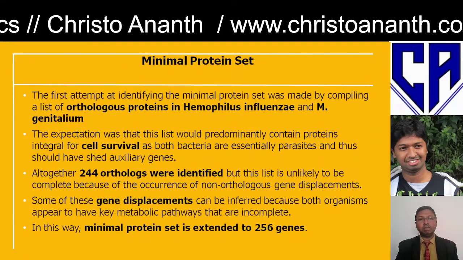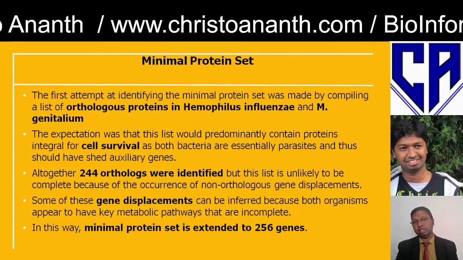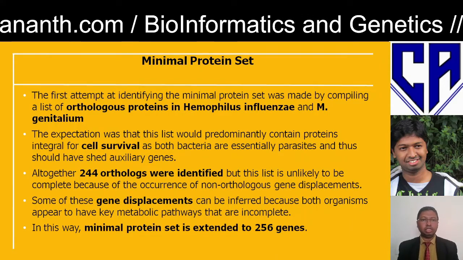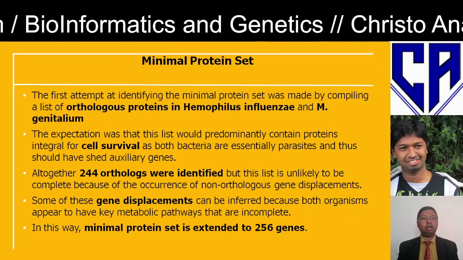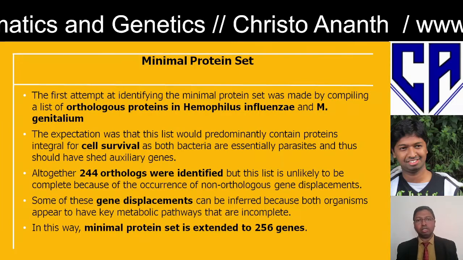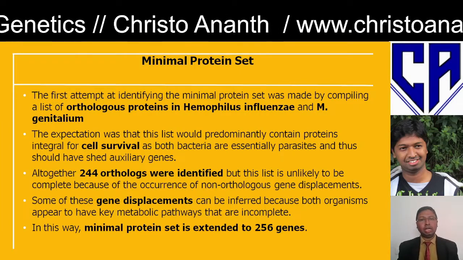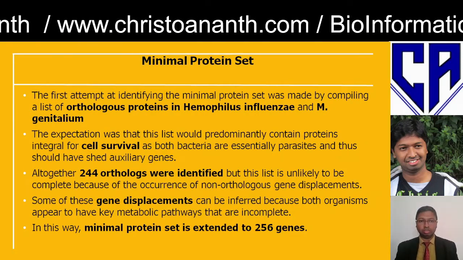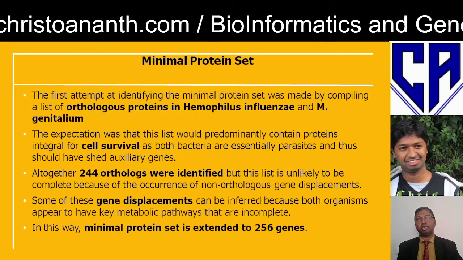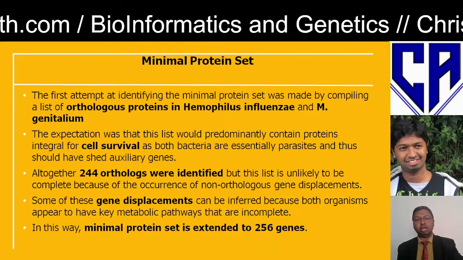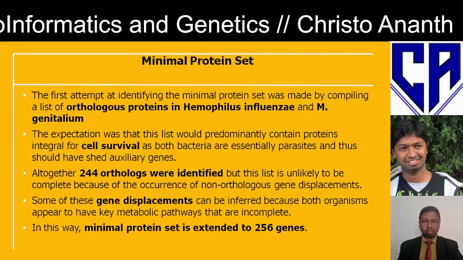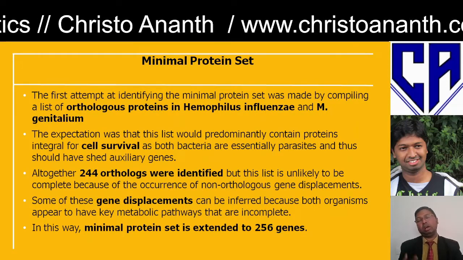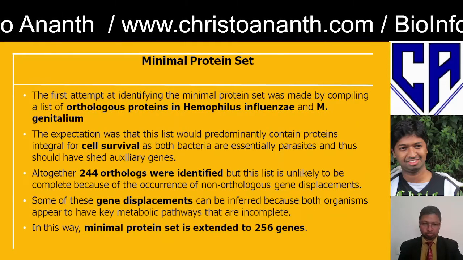We'll have a list of orthologous proteins in Haemophilus influenzae and M. genitalium, and generally proteins for cell survival, as both bacteria should have a composite of the survival genes. Altogether, 244 orthologs have been identified, and it's very unlikely to be complete because of the occurrence of non-orthologous gene displacements.